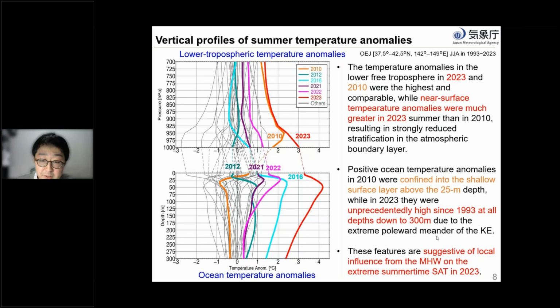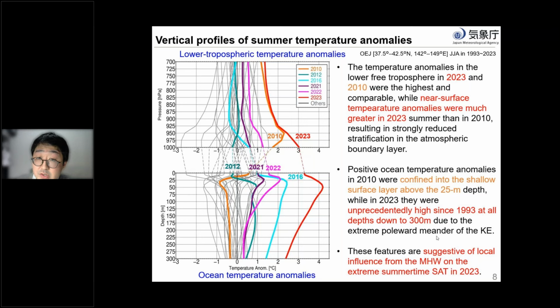Both figures are in OEJ, for every summer, every JJA mean from 1993 to 2023. So to emphasize the characteristics of 2023 summer, I would like to focus on 2 years, 2023, the red lines, and 2010, the orange lines. 2010 was the former hottest summer year.